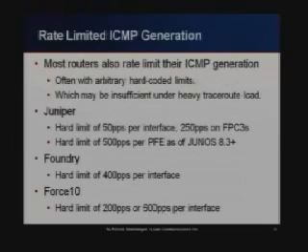The other issue is that most routers rate limit their ICMP generation in some way. And the bigger problem is that they do it with hard-coded values which are not published. For example, Juniper has a hard-coded limit of 50 packets per second per interface, depending on the type of FPC or the type of router. They've upped the limit in new code, but it's still a hard-coded limit that you don't know and don't have any ability to configure.